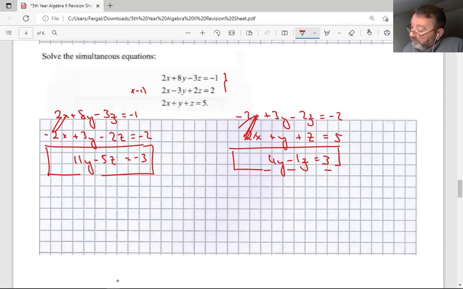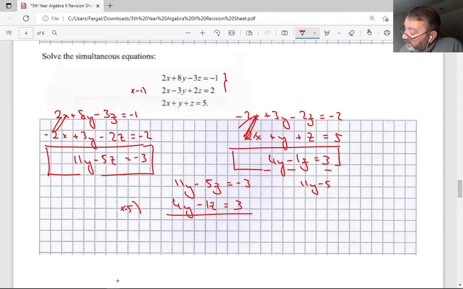Now bring both of those together. So you have 11y minus 5z is equal to minus 3. 4y minus 1z is equal to 3. So what I'm going to do here is multiply the bottom line by minus 5. And that's going to give me 11y minus 5z equals minus 3.